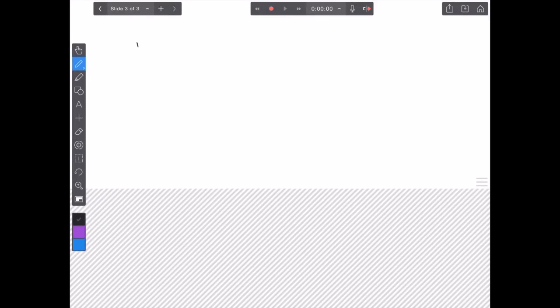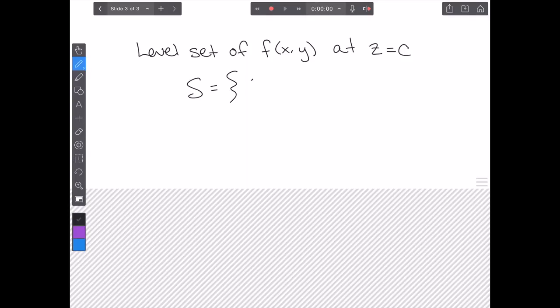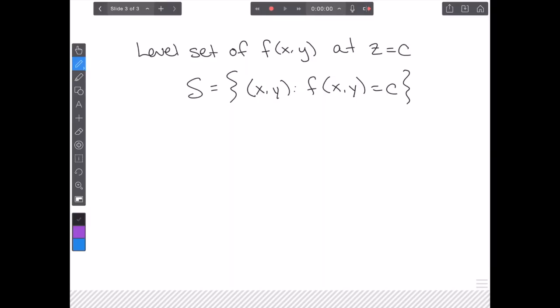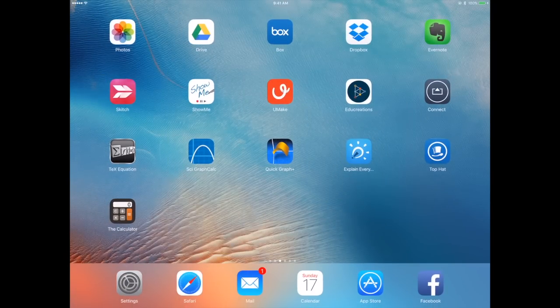And so the level set of a function f of x, y at a given value, z is equal to some constant, is the set of all points x and y such that f of x, y is equal to a constant. Okay, so that's going to be our definition. Let's go ahead and go back to our graphing software and look at some examples.